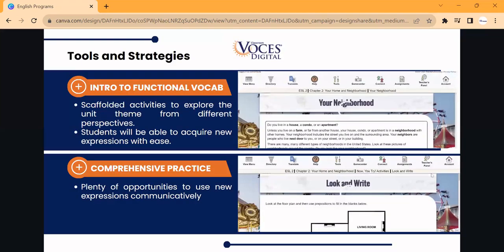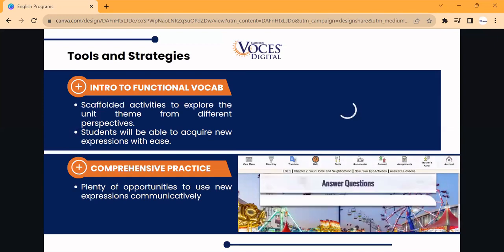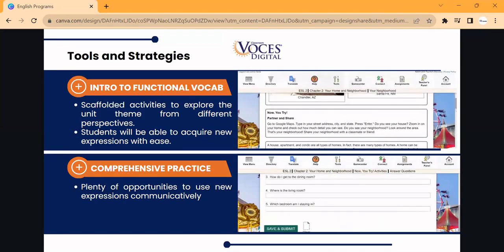This is for every ESL series that you will see that we have already discussed. So what are the tools and strategies that we incorporate here? The first one is, like I said before, how we use language functionally. So we have scaffolded activities.